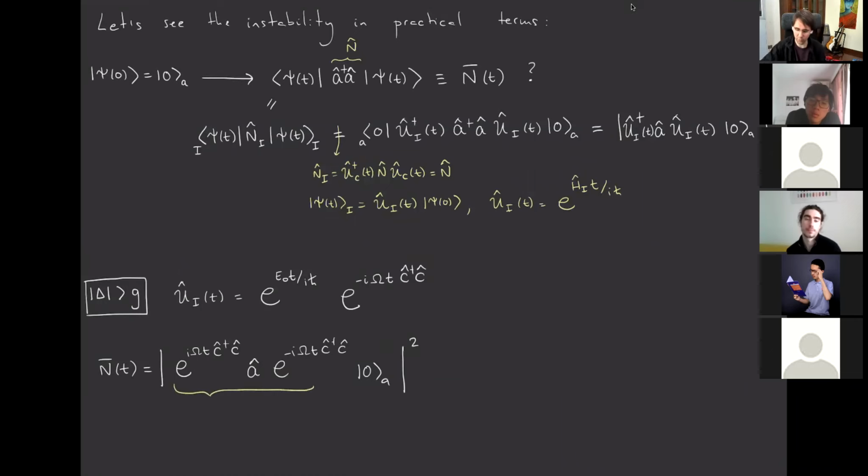So first of all, we take A and we write it in terms of C. How do we do that? We have this expression here that we have just seen.